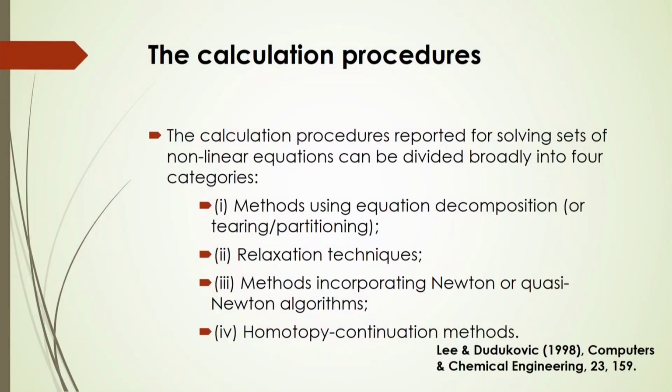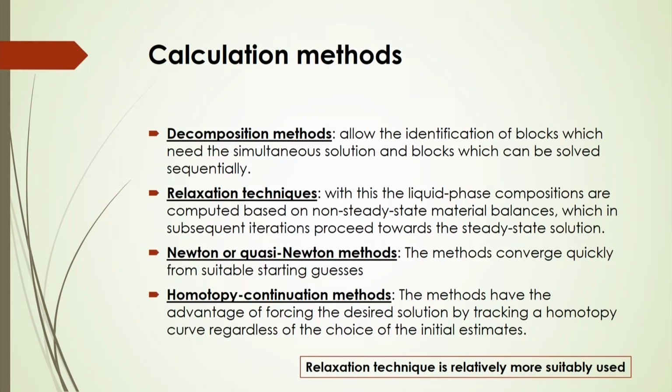So, you can follow Lee and Dudukovic, published in Computers and Chemical Engineering, volume 3. So, you can have the idea of the calculation procedure, which is given there in detail.